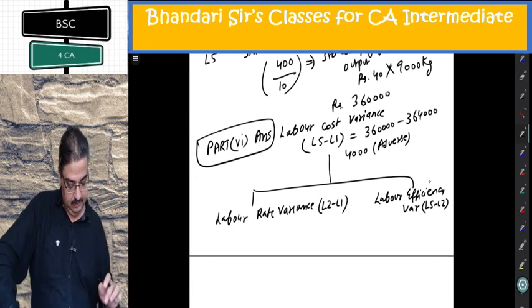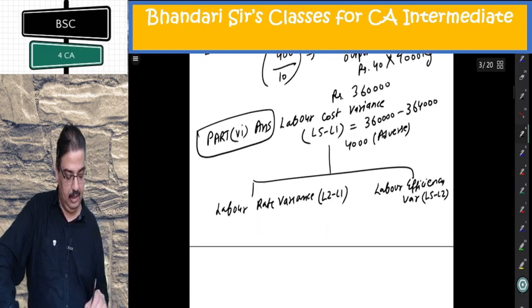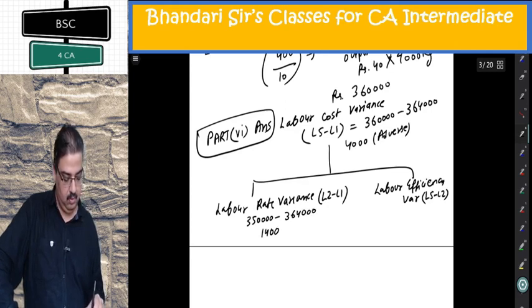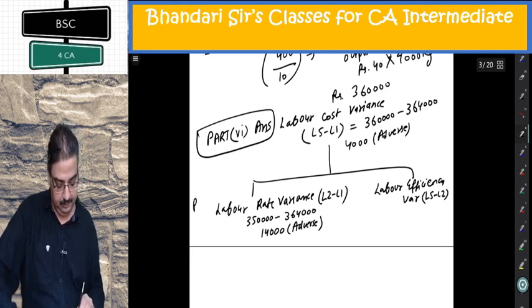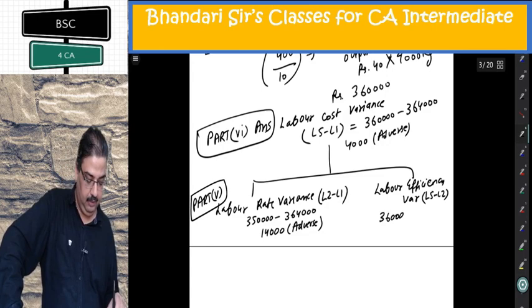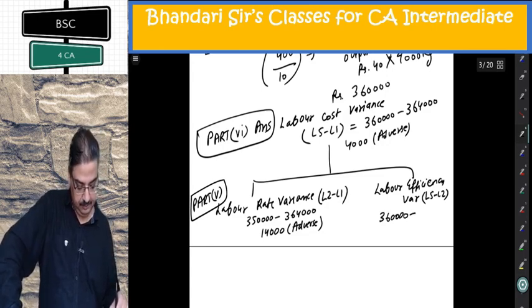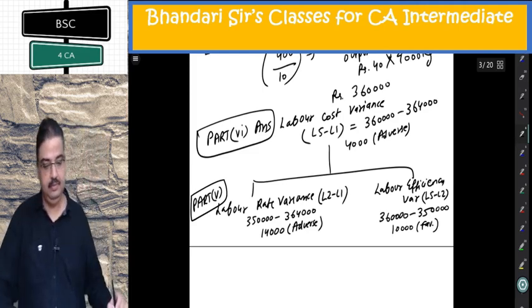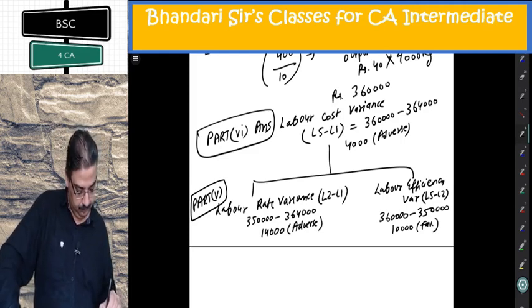Rate variance L2 we computed 3,50,000 minus 3,64,000. 14,000 adverse. It was wanted in 5th part. Part 5. And efficiency variance 3,60,000 minus 3,50,000. 10,000 favorable. This is part 4.